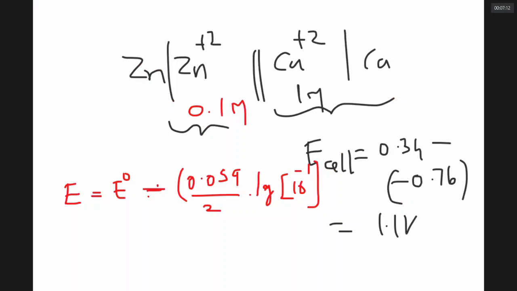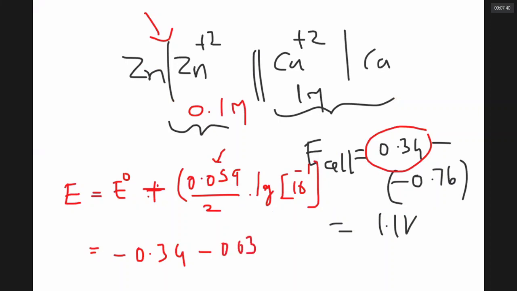Here if you put the minus sign, E0 of this electrode is given as how much, sir? 0.34. This 0.059 can be approximated as 0.06, then it will become 0.03. Log 10 to the power minus 1 will become minus log 10 base 10. Log 10 base 10 is equal to 1.